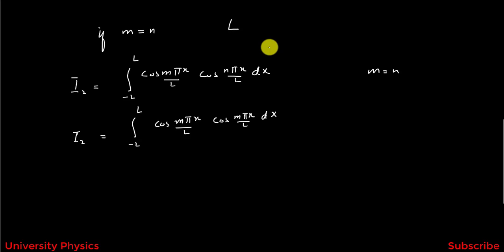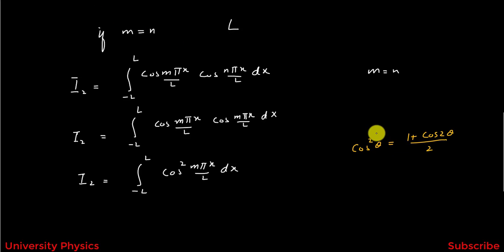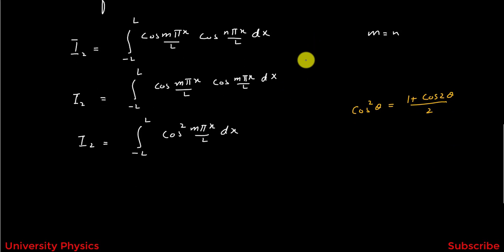So I2 will be equal to the integration from minus L to plus L of cos square(m pi x over L) dx. Here, to this equation we will apply a trigonometric relation: cos square theta is equal to (1 plus cos 2 theta) divided by 2. So we will get I2 is equal to the integral from minus L to plus L of (1 plus cos(2 m pi x over L)) divided by 2 dx.